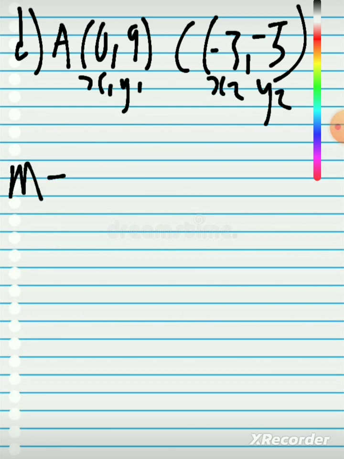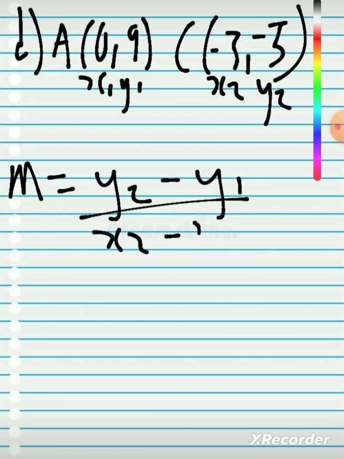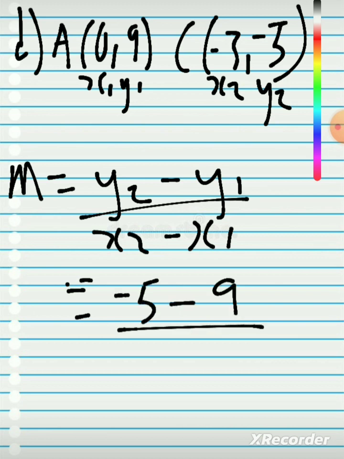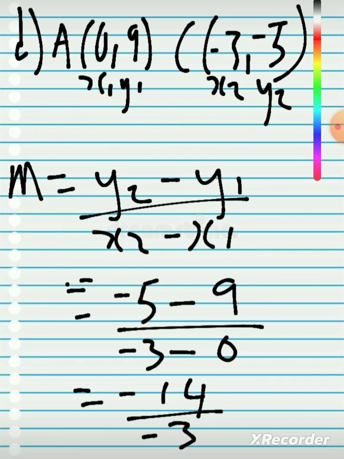So gradient is equal to y2 minus y1 over x2 minus x1. So y2 is -5 minus y1, 9, x2 is -3 minus x1, 0. So -5 minus 9 is -14, -3 minus 0 is -3. The negatives cancel. We have 14 over 3 as the gradient.